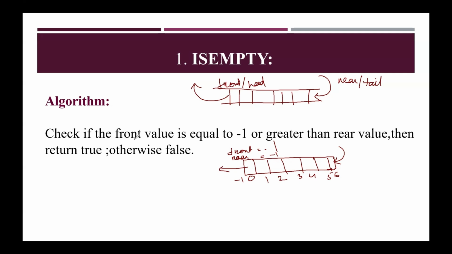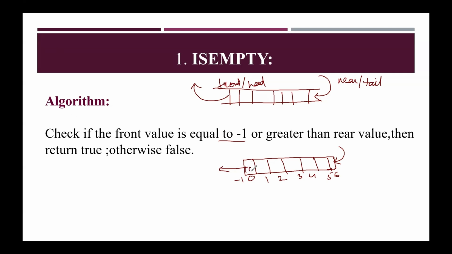So we have to check if the front value is equal to -1 or greater than. Why is it greater than? First let us understand the first condition. Let us understand there are some values already present inside the queue.